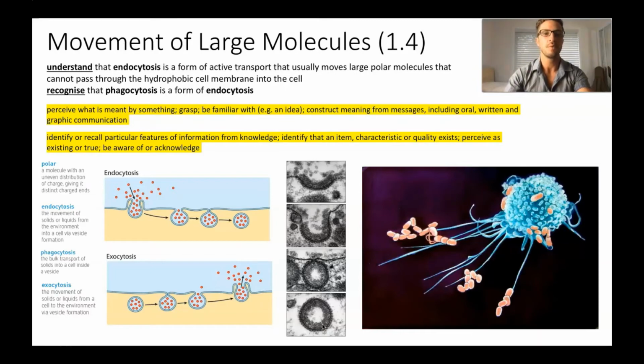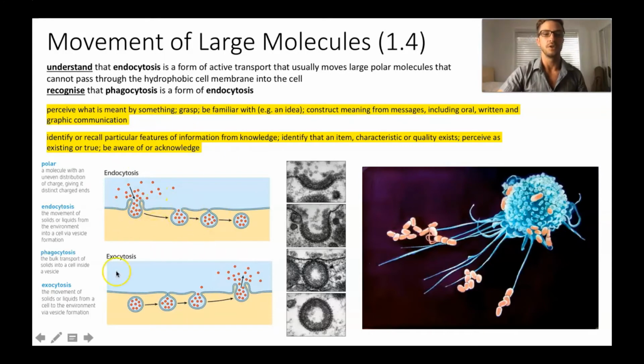The last point I want to make, though, to tick off this learning goal, is to mention that phagocytosis is also a form of endocytosis. And phago means like solid food. And it's just this specific term given to when it is a solid material that is entering into the cell as opposed to a liquid, such as a hormone.